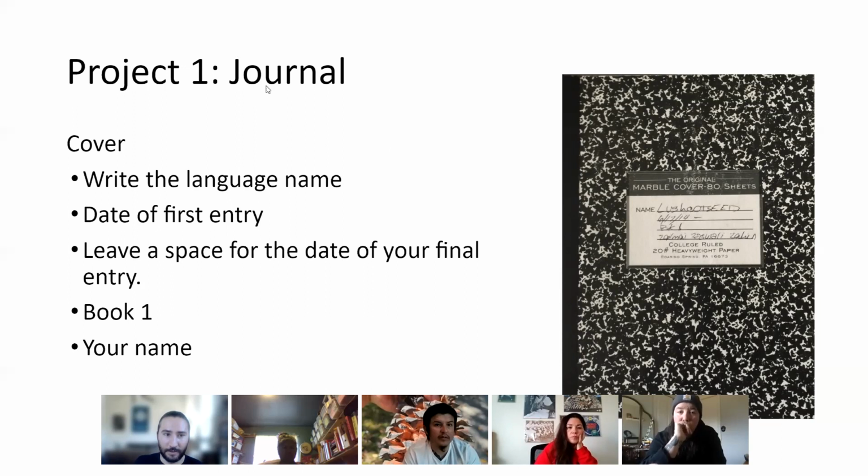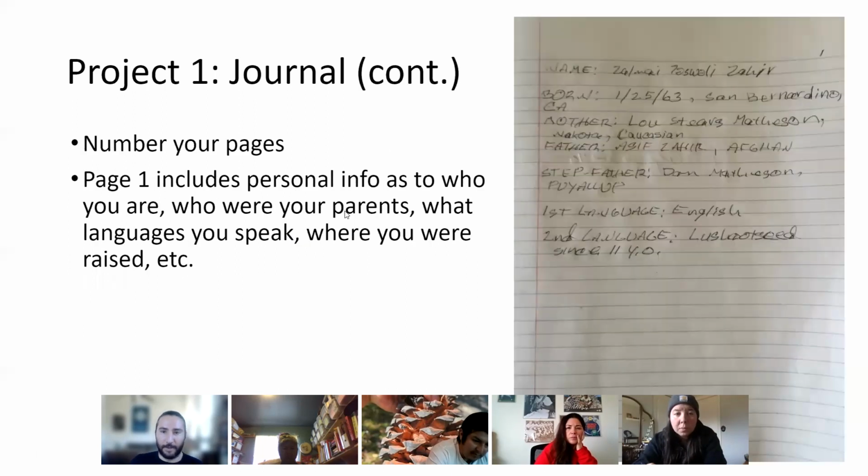So Project 1, journal. There's a little picture of the cover. You write the language name, the date when you're starting it, and leave space for when you finish that journal, and Book 1, and then your name. Then number your pages up here, or wherever you want to put a page number.